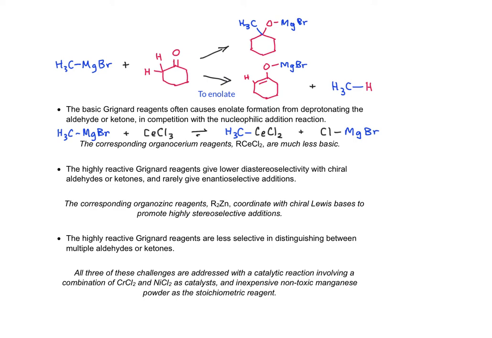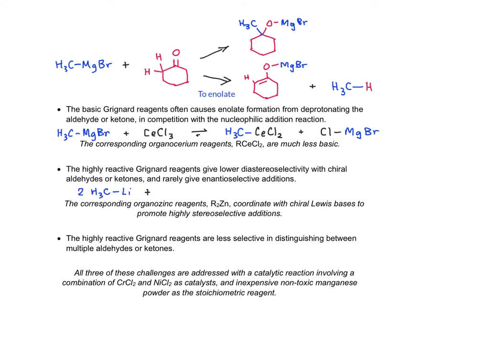The other problem with the Grignard reagents is that they are so reactive that they are not particularly selective for either face of a chiral aldehyde or ketone, nor have they given highly enantioselective reactions with achiral aldehydes or ketones.